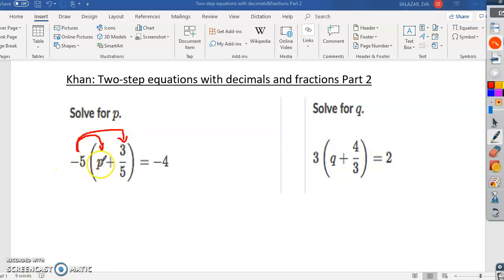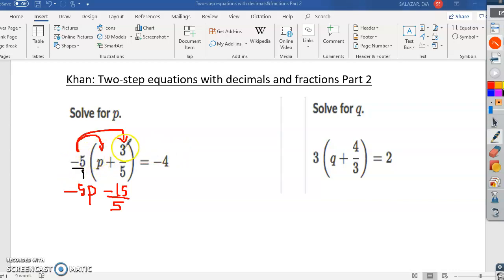So negative 5 times p is negative 5p. And negative 5 times 3 over 5 is going to be negative 15 over 5. And just to backtrack a little bit here, remember that this negative 5 can be converted into a fraction by placing it over 1.